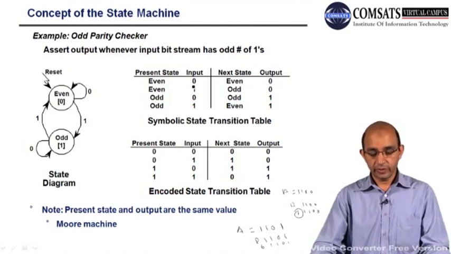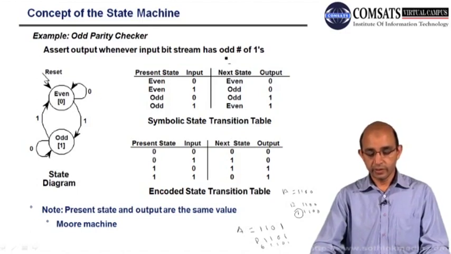So if we have 0, the next state, obviously there is no additional 1, so we will be at the same state, right? So here if we have 0, we are back on the same state, and the output is 0, even when we have input 0.